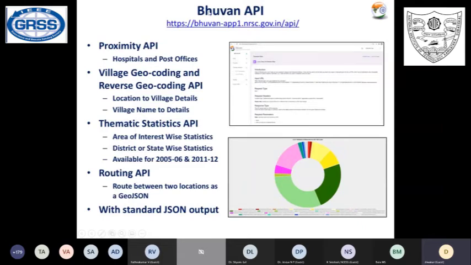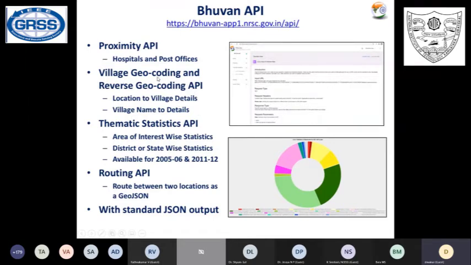Bhuvan supports the APIs. Of course, we don't have the AI-based APIs today, but some of the typical tools are available, and APIs can be easily developed even by the users. We can use simple Python codes, and we can bring in the APIs, and AI-based APIs help in a very big way for online data processing, particularly a whole lot of classified data that is available on Bhuvan.